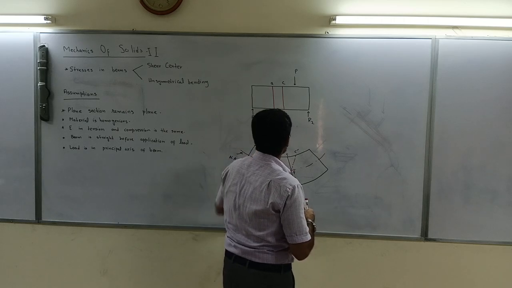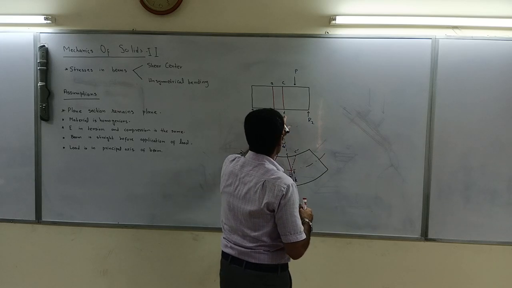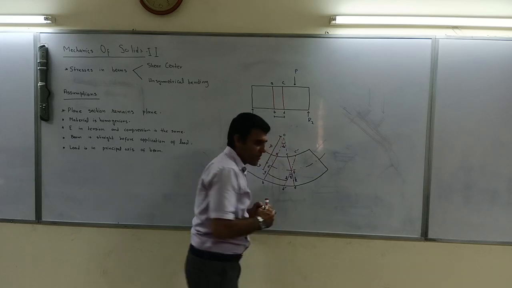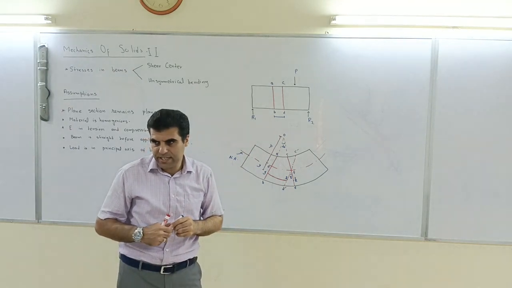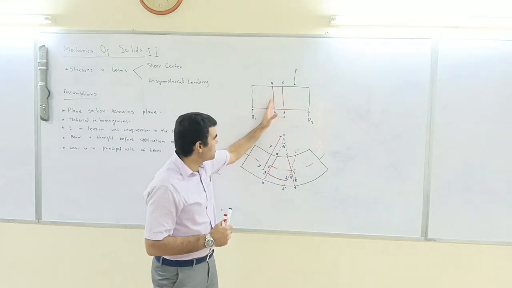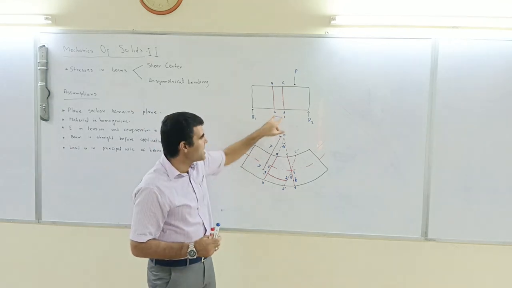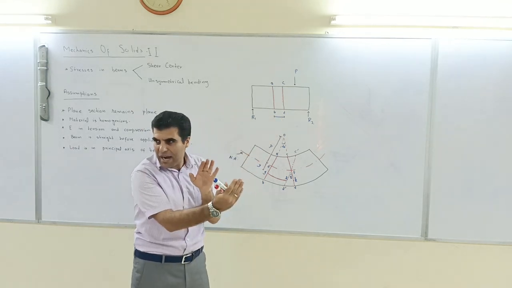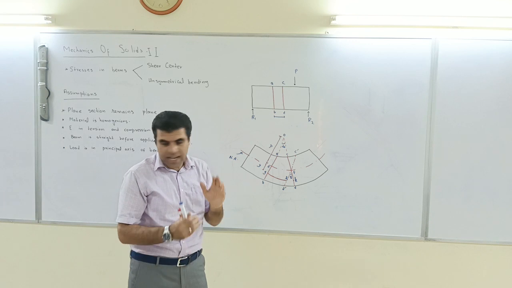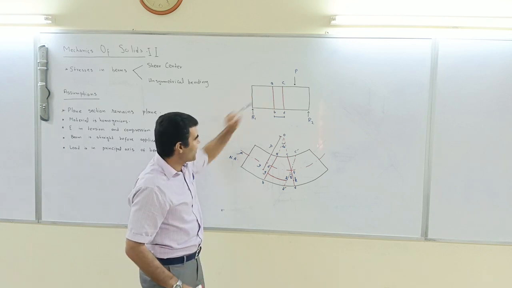Let's not call it dx, but BD is a certain distance apart. We will work out how much that is, but they are at a small distance. It doesn't mean that this BD is miles apart. So we take two cross sections.